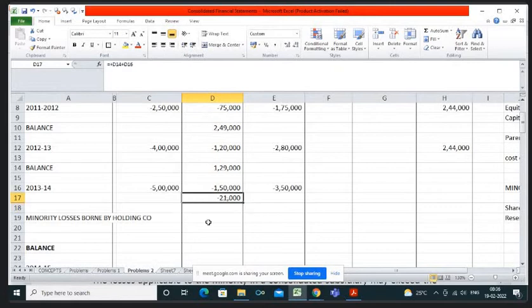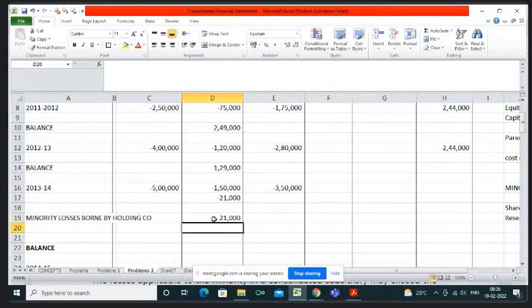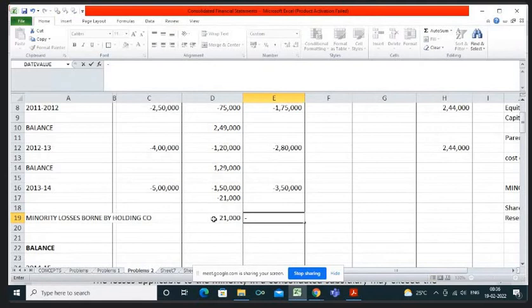So what happened? Now the minority interest has become a negative number. Minority interest should not be a negative number. Then what will we do? This share of loss which the minorities cannot take, the company should take it. So we will make the minority interest 0 and transfer this loss to the company.